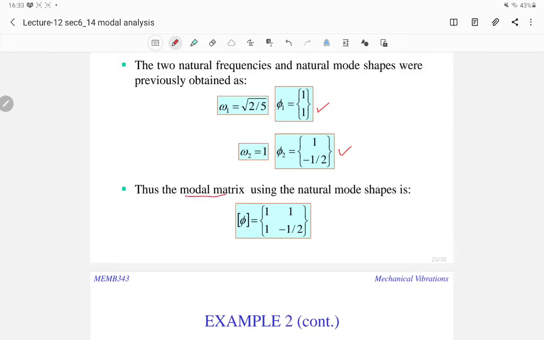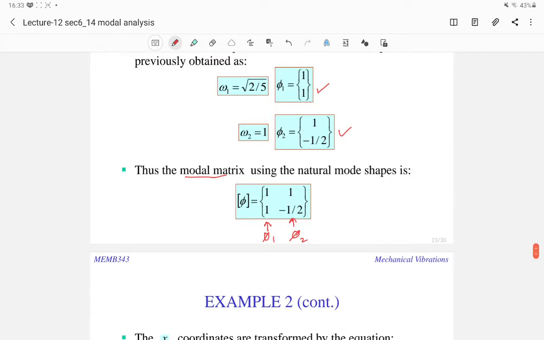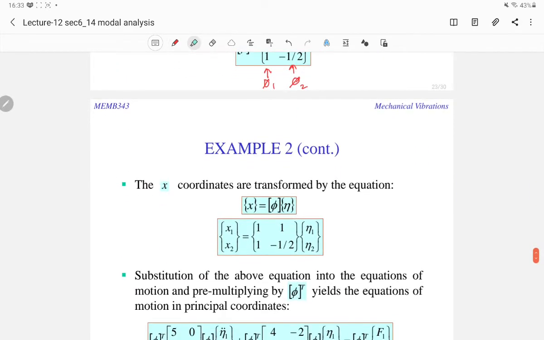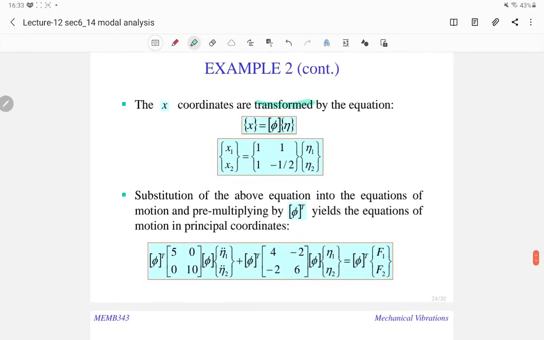Now we write our modal matrix: this will be phi 1 and this will be phi 2. Phi represents mode shapes, mode shape number 1 and mode shape number 2. That is how we arrange the modal matrix. We're done with our modal matrix, so we can now transform using the equation x equals phi times eta.